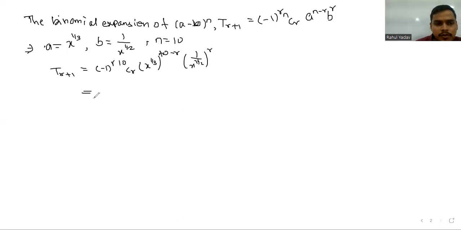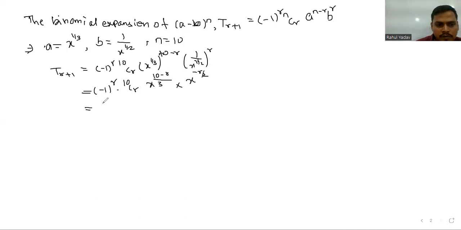So in the next step, it will become minus 1 power r into 10Cr x power (10 minus r) divided by 3 into x power minus r by 2.